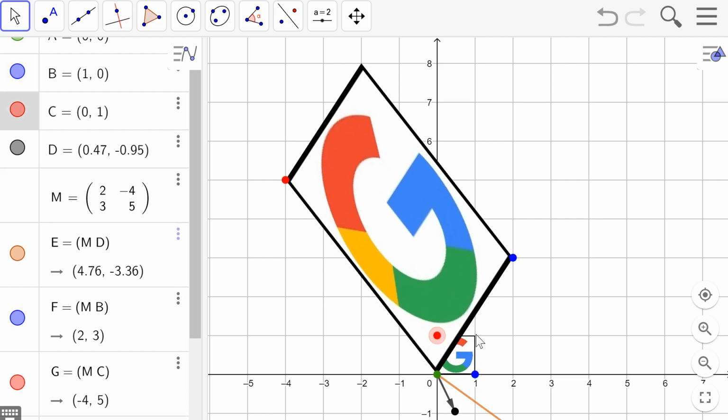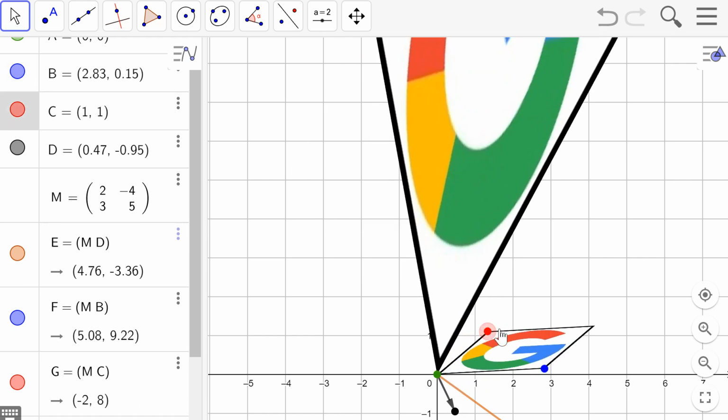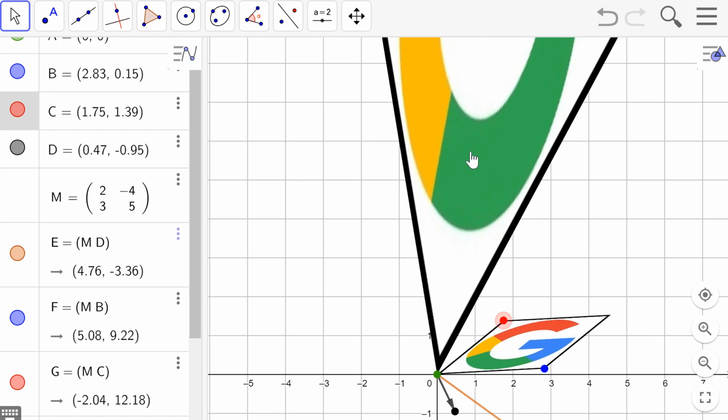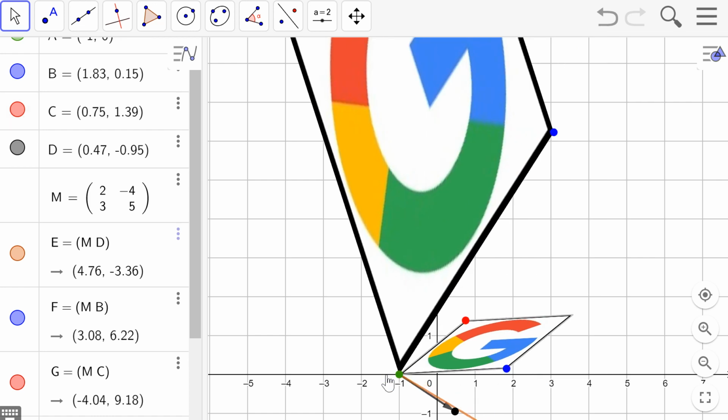For the original Google icon, the area is 1. The area of the image of it is going to be 22, and that is actually the determinant of my matrix, which is called M here. No matter how I draw my original picture, my transformed picture is always going to be 22 times bigger than my original picture here.